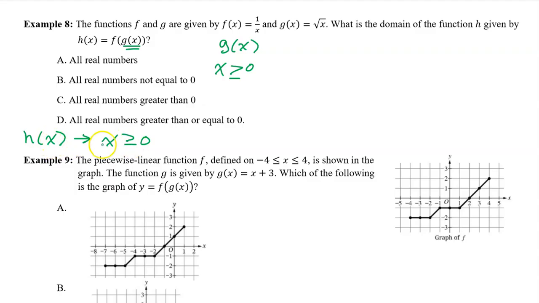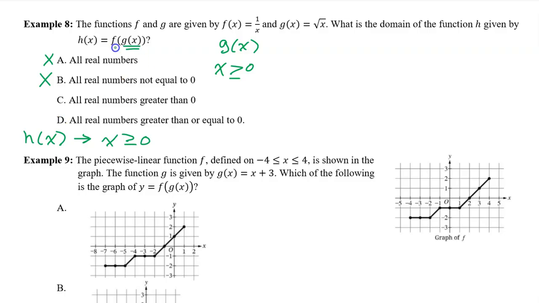So h of x must be greater than or equal to 0 so far. There may be more limitations, but this definitely applies. So we can eliminate all real numbers because we have this limitation. Let's see, all real numbers not equal to 0. Nope, that's too broad. That would include negative numbers, and we already know that can't be. So we've narrowed it down to either C or D.